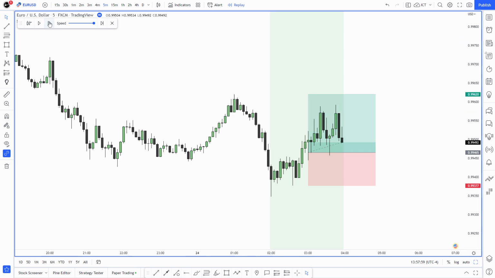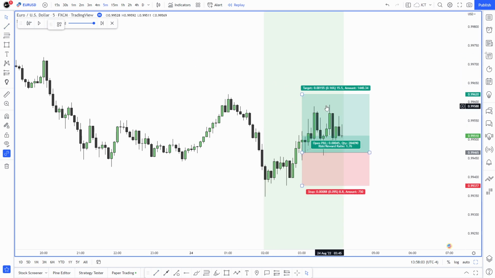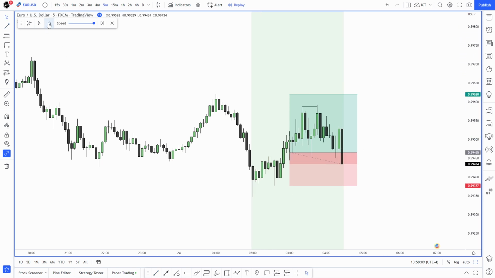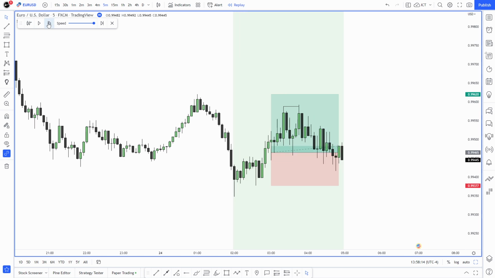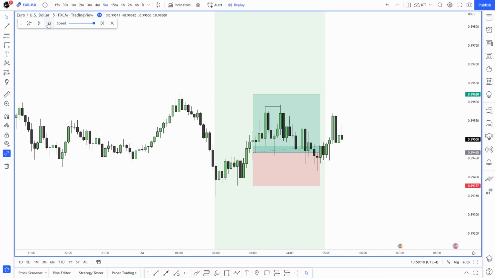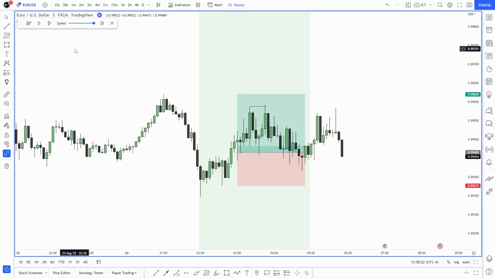What happens later? Tiny run above this high, still respecting previous flow. And this is important because if we're inside of this trade, what is happening right now?